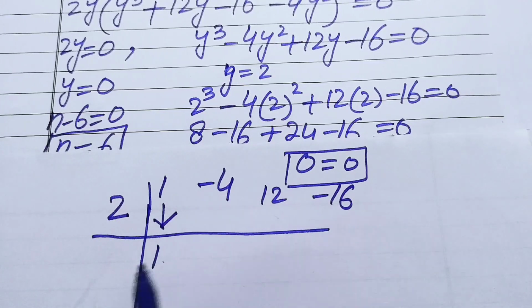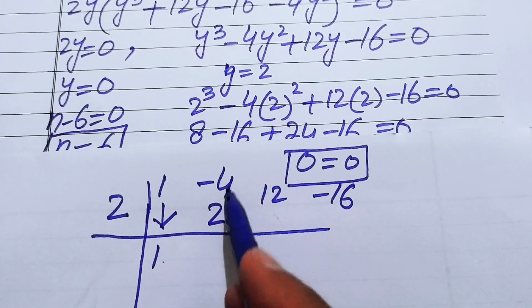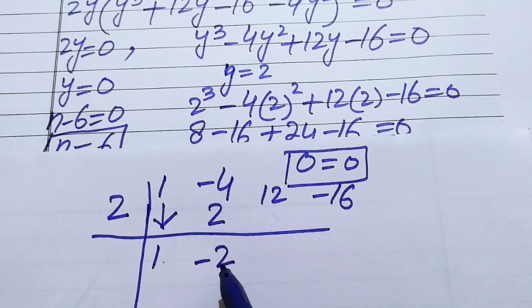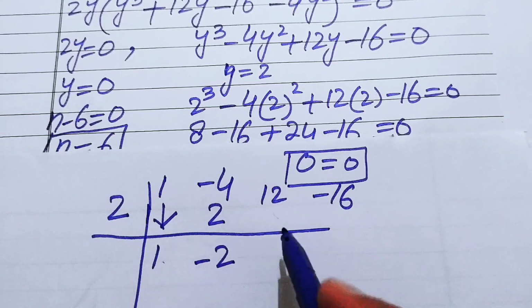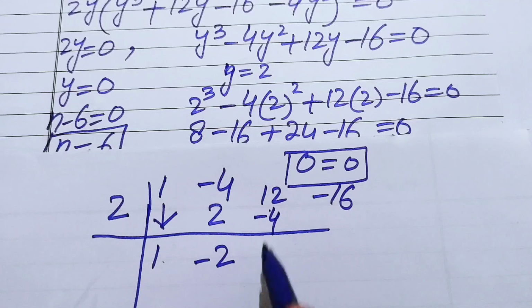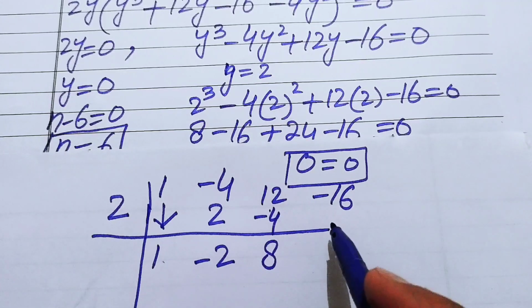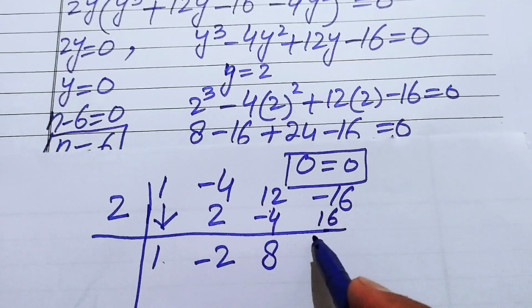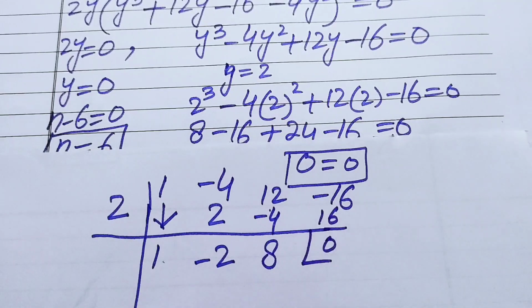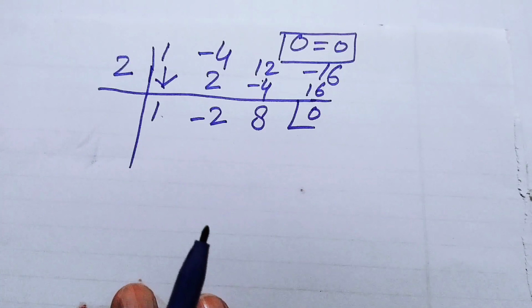Now we multiply this 1 by 2, and you get 2. Now we add these two terms, and you get minus 2. Now we multiply this minus 2 by 2, and you get minus 4, and we add these two terms, and you get 8. Now we multiply this 8 by 2, and you get plus 16. When you add these two terms, our remainder is equal to 0.